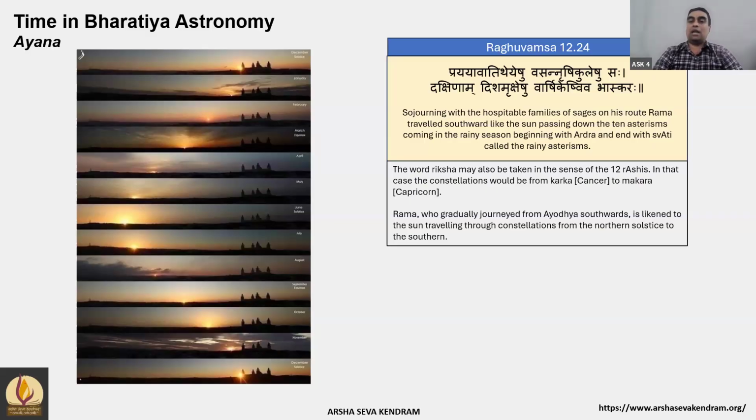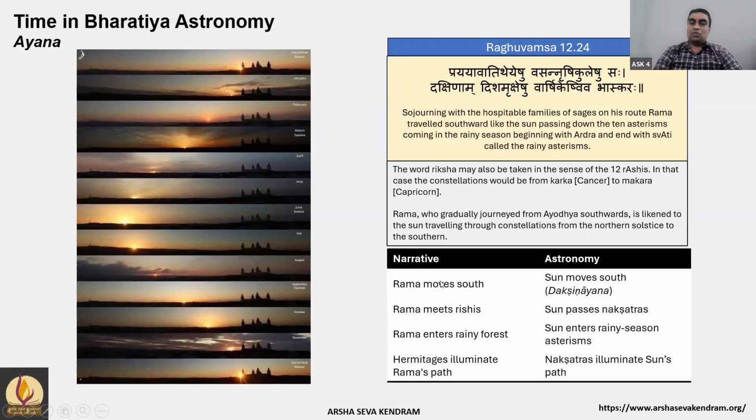So here Rama, who gradually journeyed from Ayodhya southwards, is likened to the sun traveling through constellations from the northern solstice to the southern solstice, right? So what are we saying here? Rama moving south is the sun moving south, which is Dakshinayana. Rama meeting the rishis is the sun passing through these nakshatras.